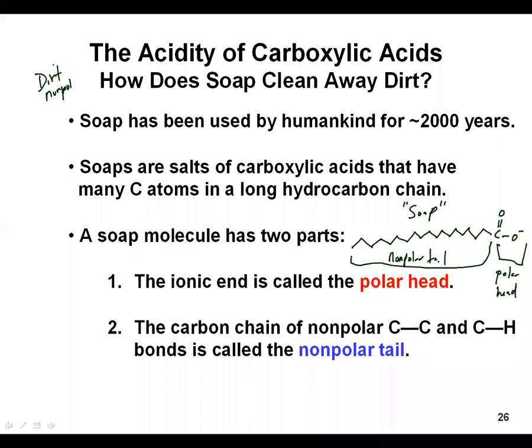So when you have dirt and you put soap on, the nonpolar part of the soap, which is just the squiggly carbons and hydrogens, very badly squiggled. We'll draw this one maybe a little better. So the nonpolar side of soap, the nonpolar tail, will surround the dirt and trap it inside.